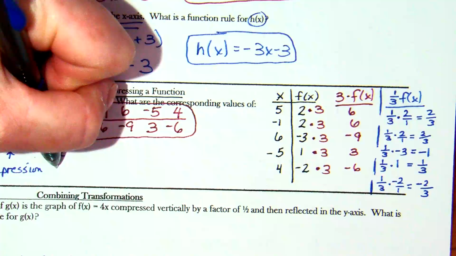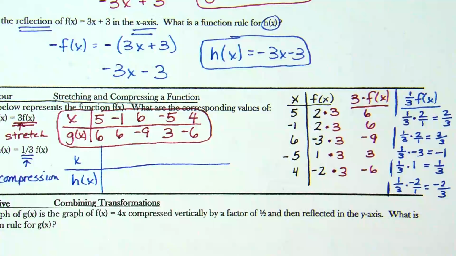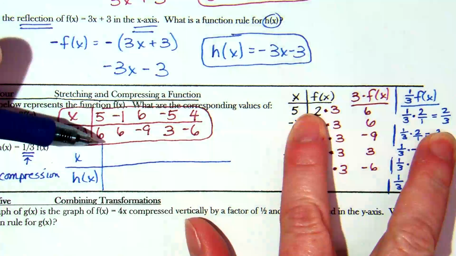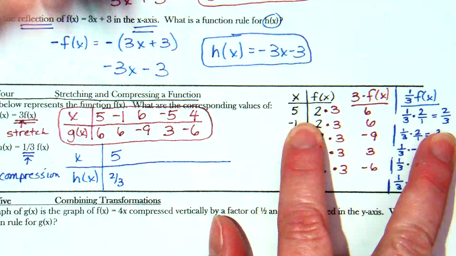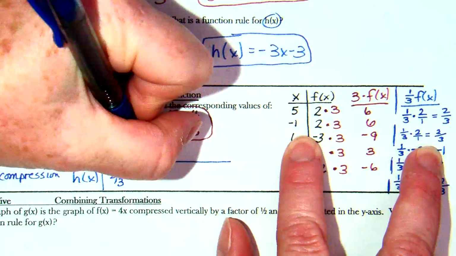So again, I can express it as a chart. Original ordered pair was 5, 2. What is it now? 5, comma 2/3. I did have negative 1 comma 2. Now it's negative 1 comma 2/3.